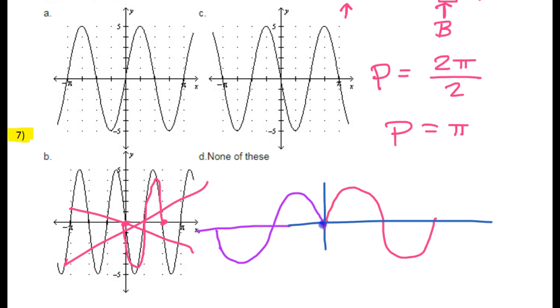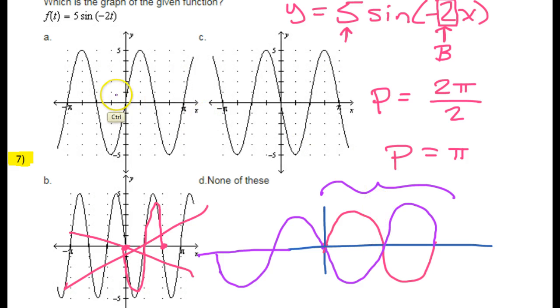So basically, reflecting it over the y-axis has the effect of, here I'm just going to continue this graph to make a point. So this same portion of the graph over here to the right, instead of going up and then down, if it's reflected over the y-axis, it goes down and then up.